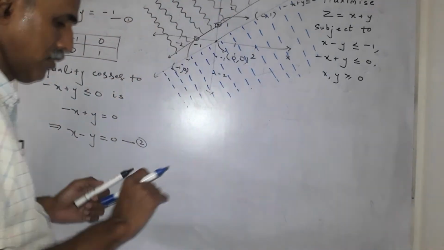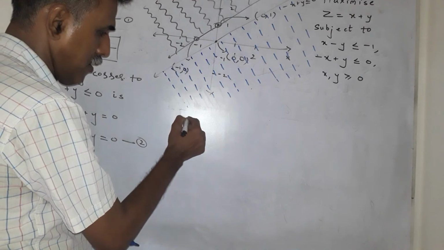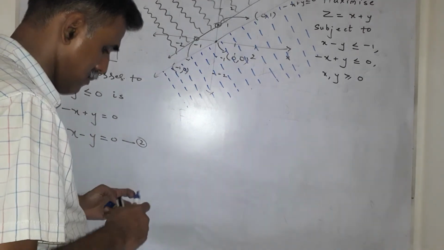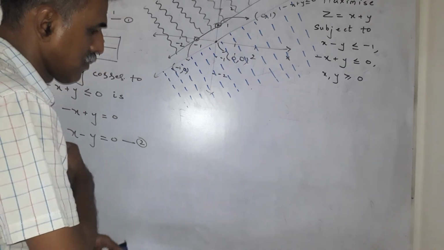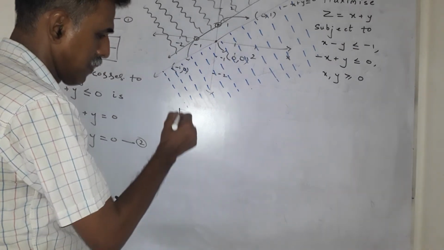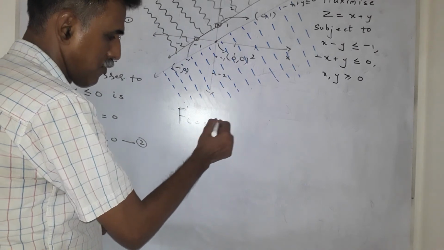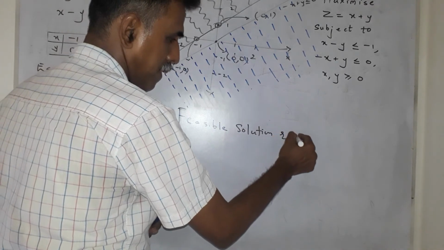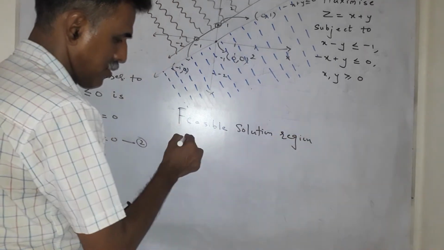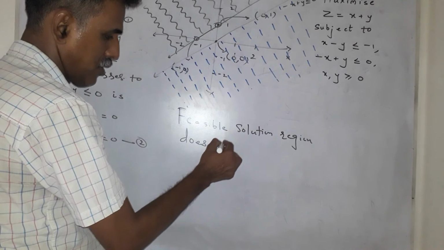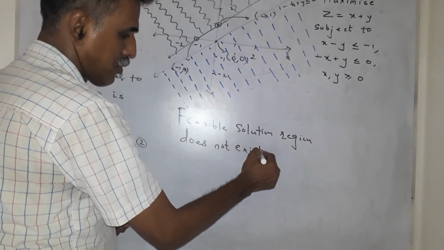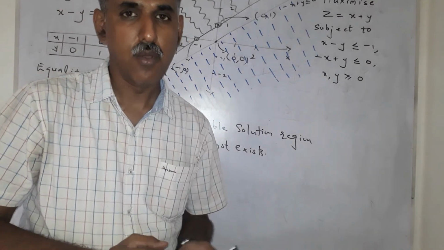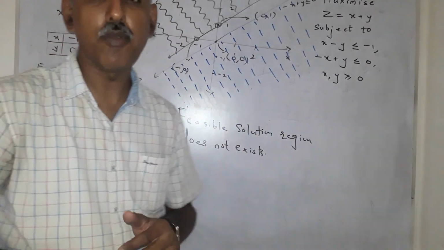So that's enough. So I write feasible solution region does not exist.